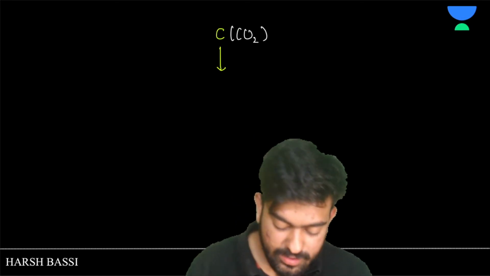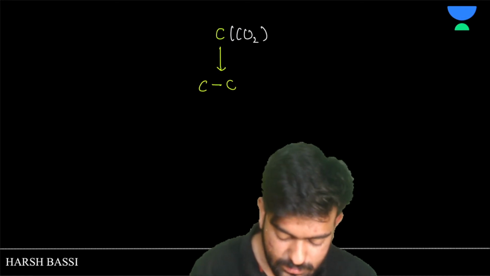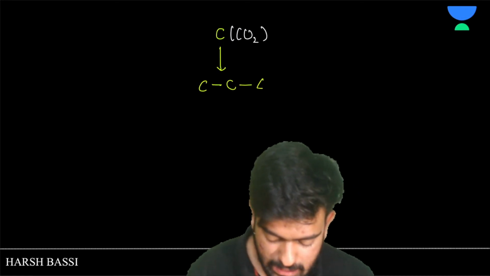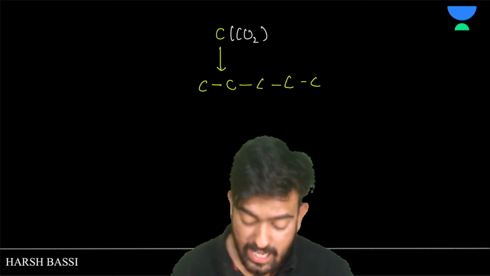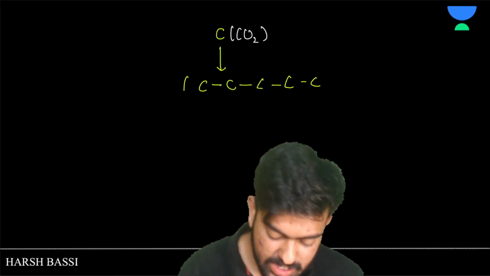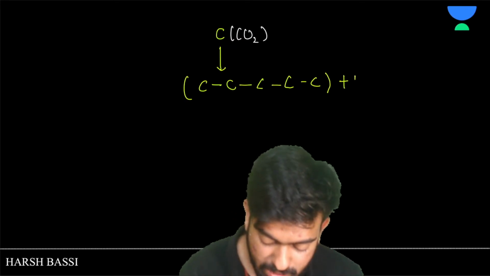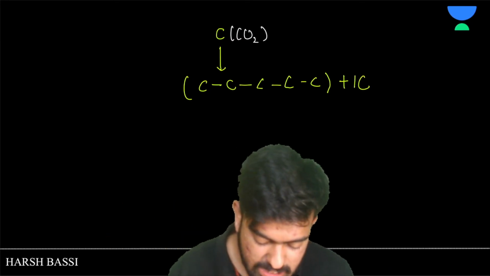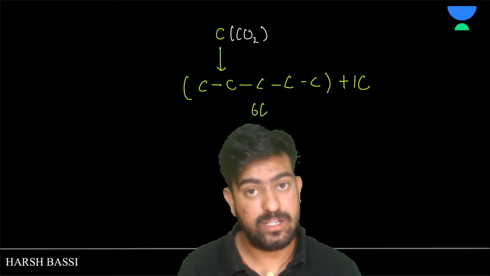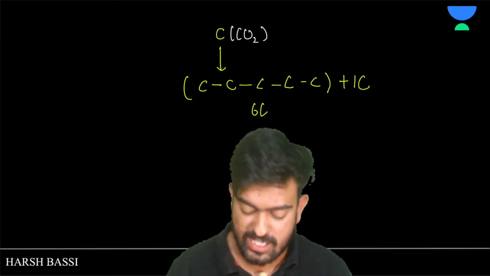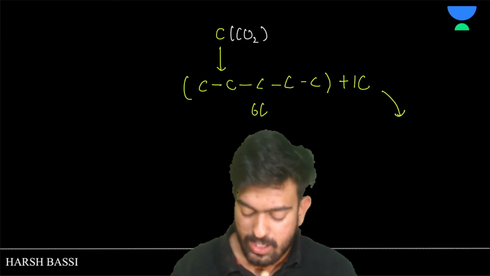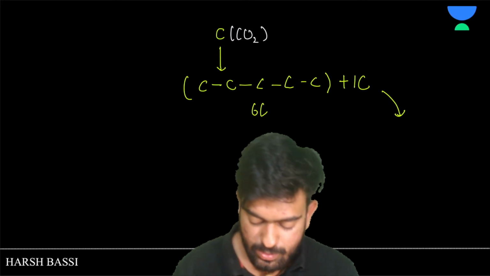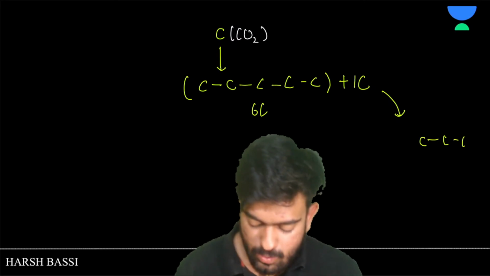Then there is RUBP, 1, 2, 3, 4, 5 carbon. And in this 5 carbon, we have 1 more carbon, which came from carbon dioxide. So in total, a 6 carbon chain product is formed, which was unstable, and it formed 3 carbon molecules, 2 molecules of 3 PGA.